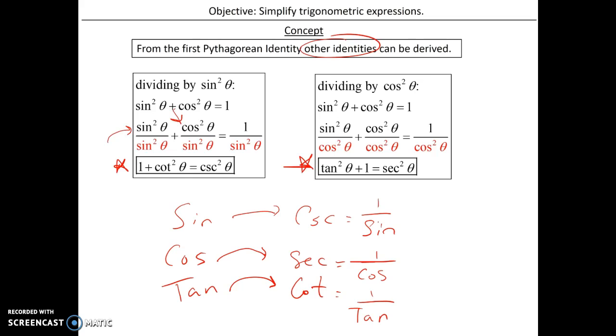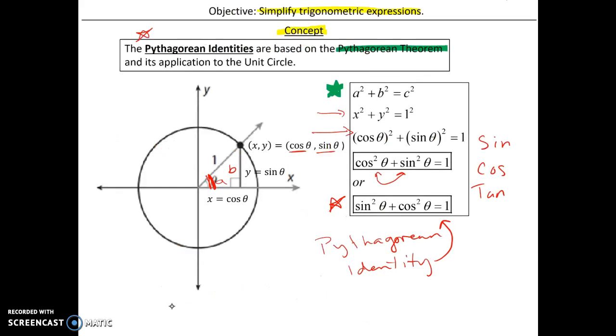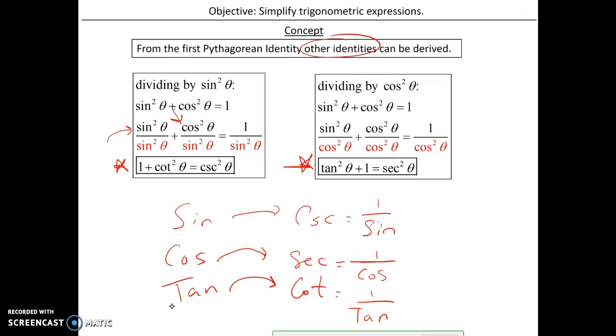Going backwards, this is your main Pythagorean identity, and from it we develop our other two: 1 plus cotangent squared theta equals cosecant squared theta, and tangent squared theta plus 1 equals secant squared theta. These are very important identities we're going to use in this lesson.